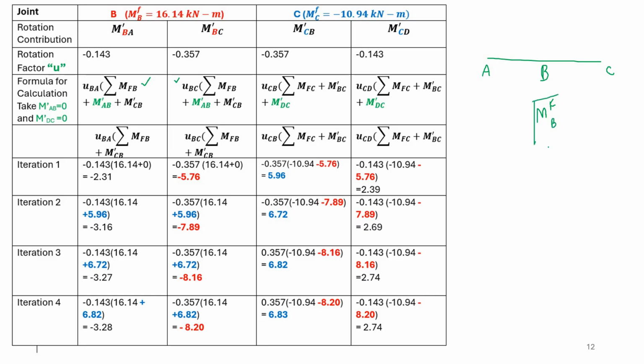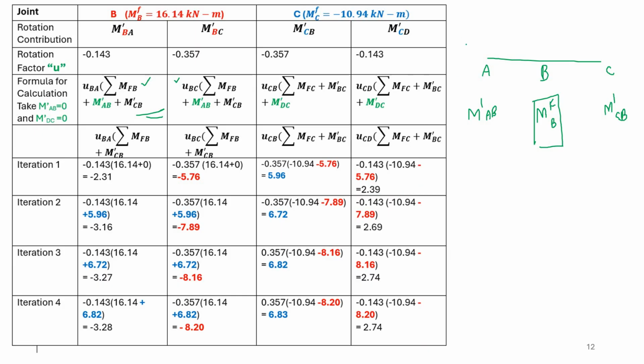Now this is the farther end, this is M dash CB. This is the farther end, you have M dash AB. Now this is what I have written here. You understand? Similarly for each and every joint you have to write.